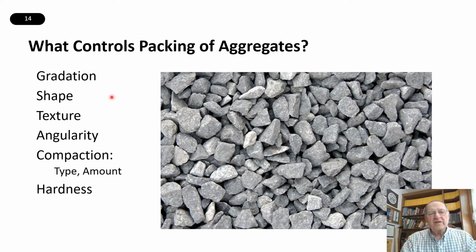So what is the main thing that I have to control the way aggregates pack together? Gradation. That's it. I am looking for a gradation of this specific set of materials such that when they are compacted with the type, the gyratory compactor, and the amount, the number of gyrations, I end up with the right amount of space, the desired amount of space in between those compacted rocks.